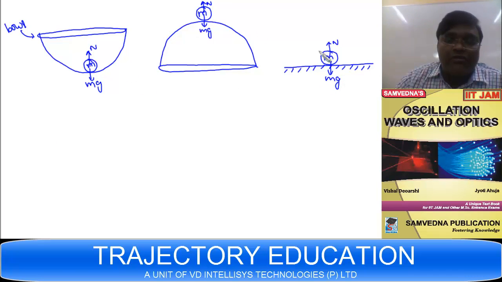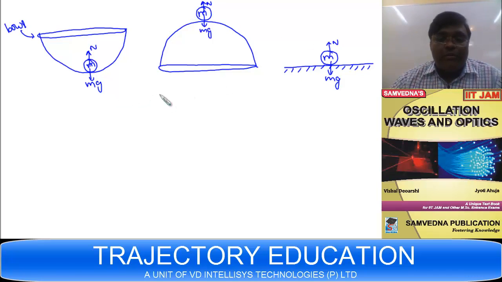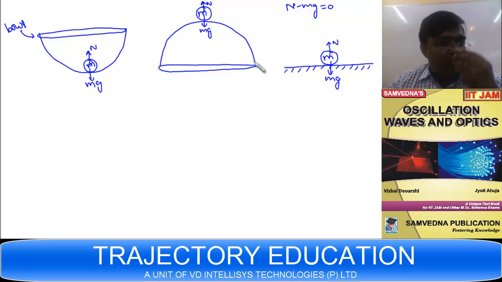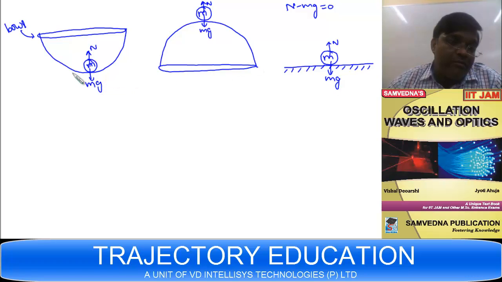So in all the three cases, the particle of mass m lies in equilibrium. All the surfaces I have assumed to be frictionless. N minus mg is zero in all the three cases. All are equilibrium. But there is a difference in the nature of equilibrium.